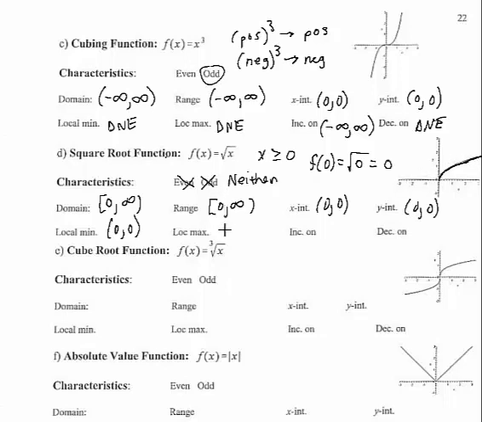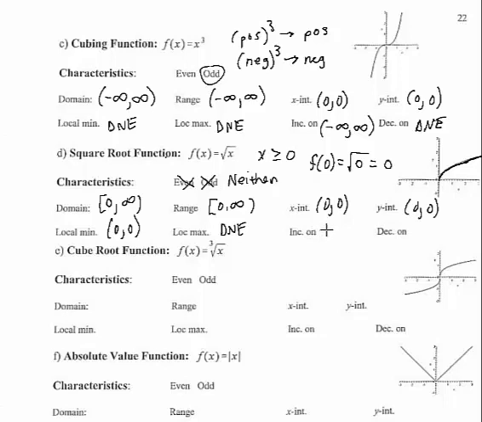So we never start to decrease. We can never go up and then break back downward. It always goes up. So we'll never create a local maximum. Does not exist.